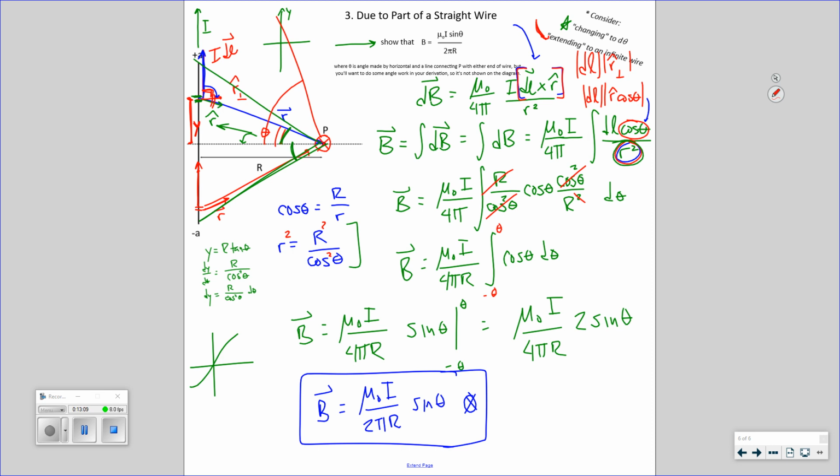So for an infinitely long wire, this thing approaches mu naught I over 2 pi r, which some of us have seen presented as the expression for the field made by a long wire at a distance r from the wire. And yeah, our pretty detailed analysis via Biot-Savart bears that out.